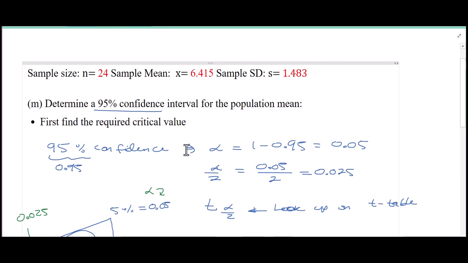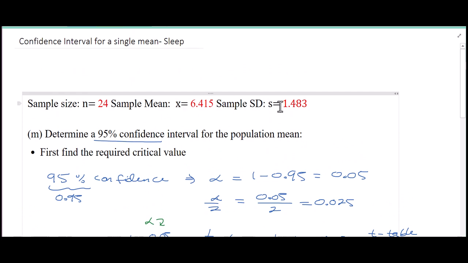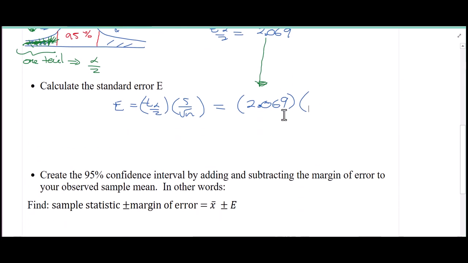So s is 1.483 and n is 24. So 1.483 over the square root of 24. Put that in your calculator and see what we get. I got 0.626, so hopefully you got something similar, rounding to 3 decimal places.